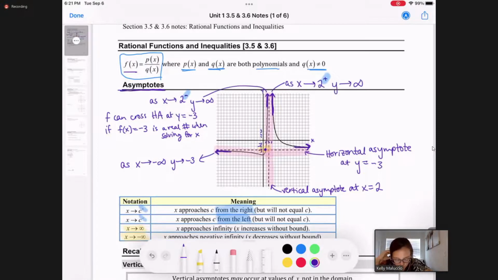So we can see, because remember, this is the x-axis. So as x goes on and on to -infinity, we can see here that this is approaching, getting really close to -3, but it only equals -3 at that point, like right there, right? The rest of the time, it's just approaching.